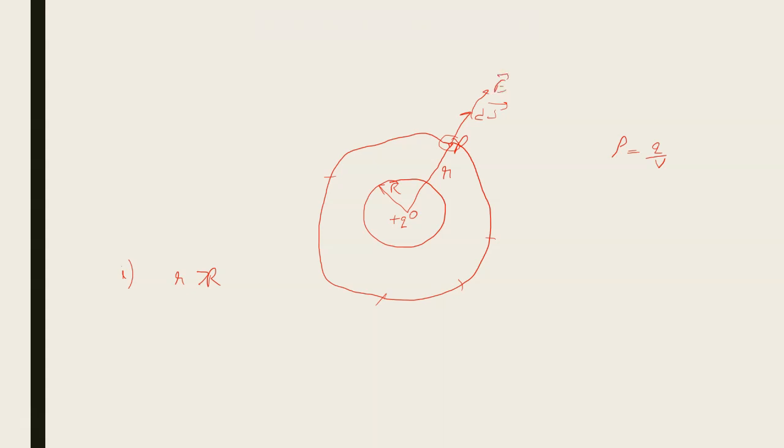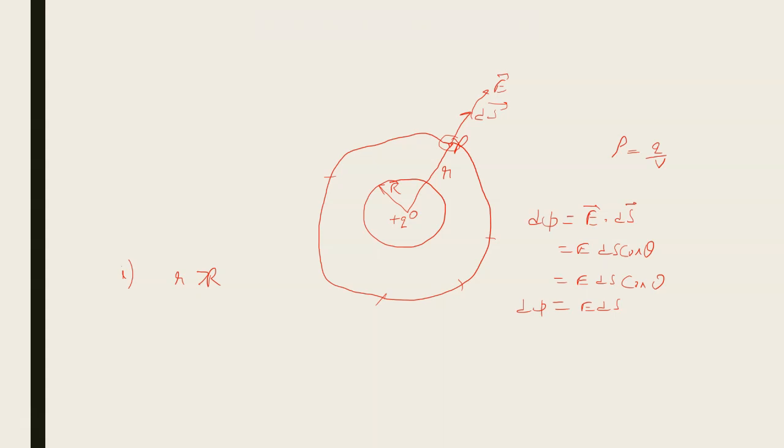So from this area element, a small amount of flux will be d phi equals E dot dS. So the dot product is there, E dS cos theta. What is the angle between E and dS? It is 0 degrees. E dS cos 0, as both are in the same direction and cos 0 is 1. So d phi equals E dS.